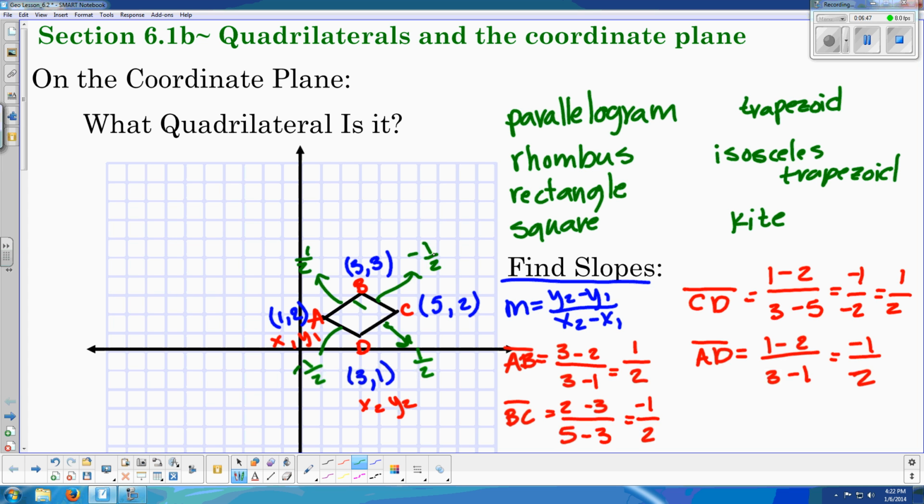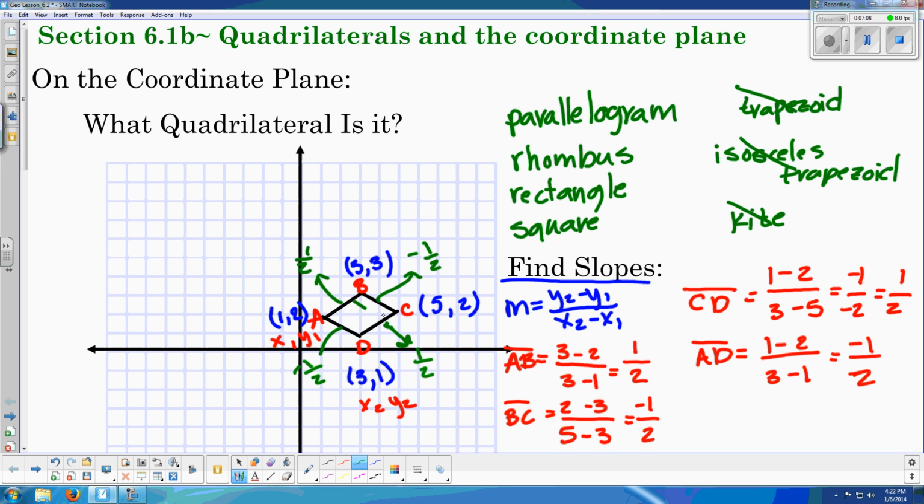It is also true. So we know that it's some type of parallelogram. A rhombus, a rectangle, and a square are all parallelograms too. So I can cross out trapezoid, isosceles trapezoid, and kite because I know that those are not parallelograms.